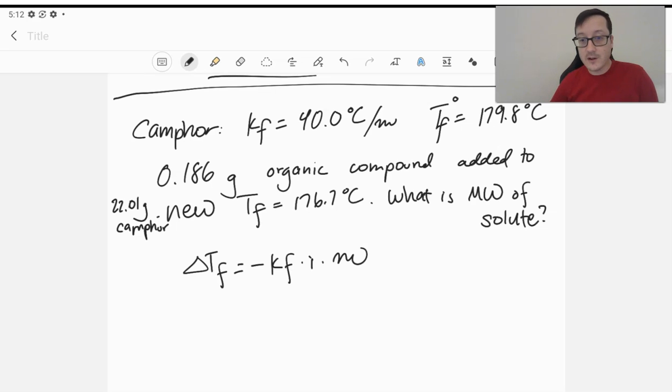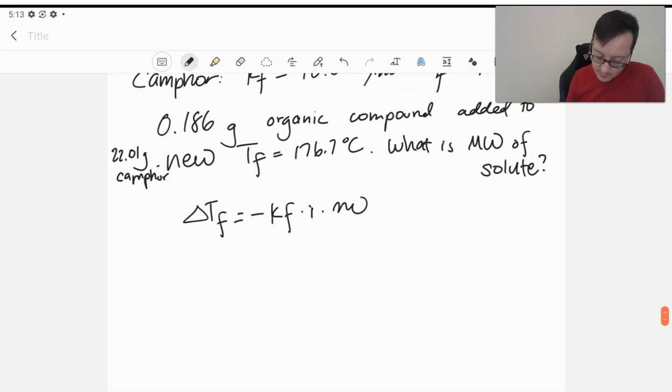Because this is an organic compound in an organic solvent that isn't water, i is 1. The molality we don't have. We do have our freezing point depression: we know our pure solvent freezing point and our new freezing point, so we can find delta Tf. The only thing missing is the molality, and we'll solve for that and then work with it further.